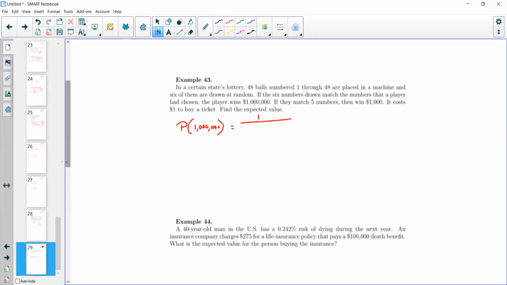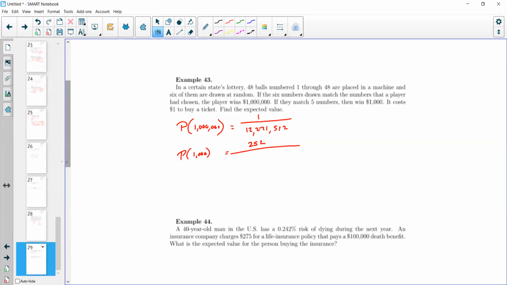Does anybody remember what the denominator was? 12 million and something. Okay, and then we calculate the probability of winning 1,000.